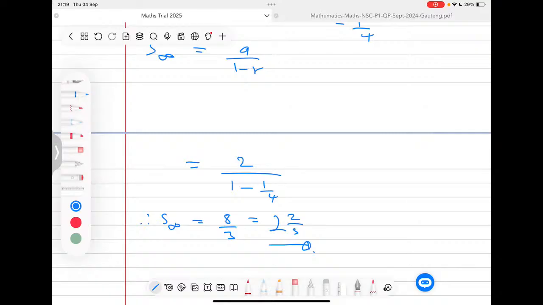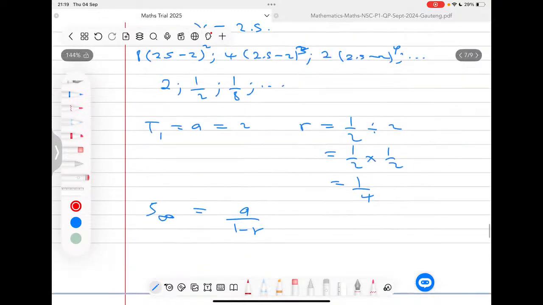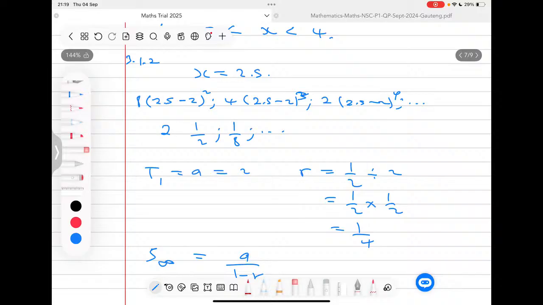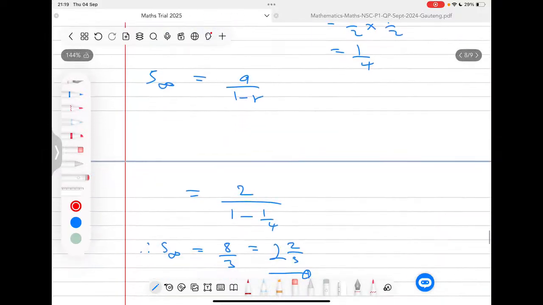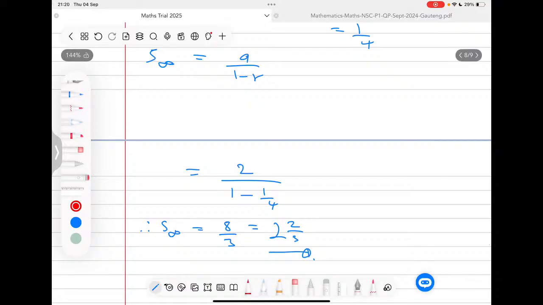Now, what does this answer mean? What does it mean to say the sum to infinity is equal to 8 over 3 or 2 and 2 over 3? It means that as we add the terms, as you continue adding the terms in this series, you'll find that these terms, they're actually going closer and closer to 8 over 3.